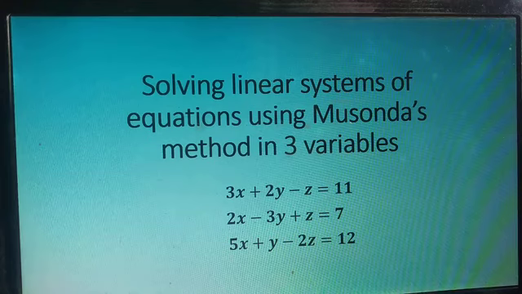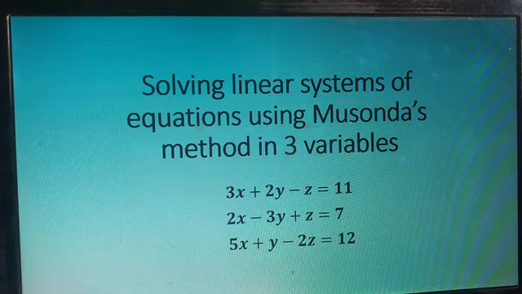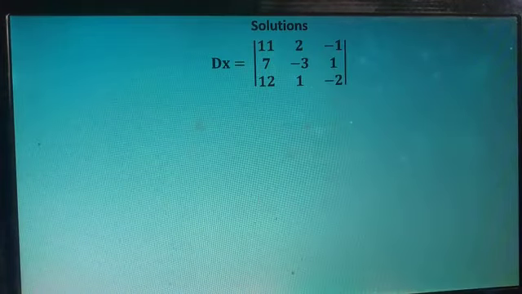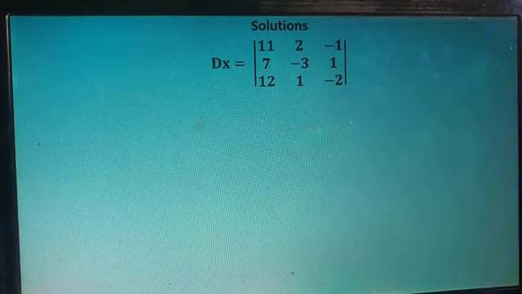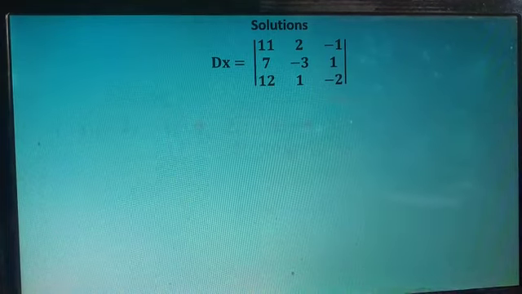That is the problem that we have, linear systems of equations in 3 variables, which needs to be solved, of course. So we shall quickly look at 3 determinants, one determinant for x, the other one for y, the other one for z. So let's move on and look at the arrangement of the elements, which is a 3 by 3 matrix for x.